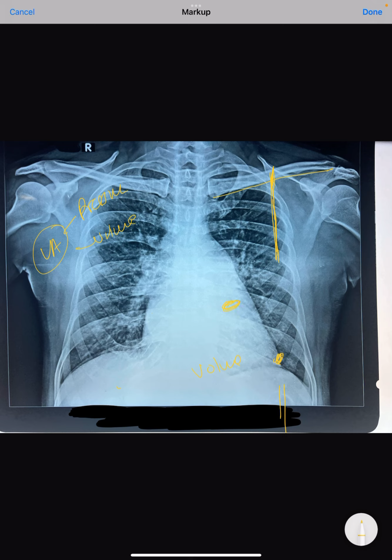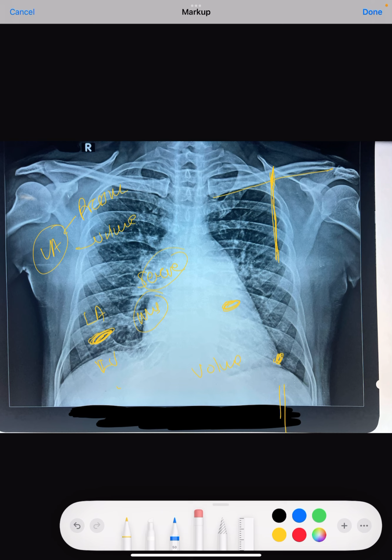So it's very simple. The left atrium and left ventricle are connected through the mitral valve. So there is only one possibility, and that is severe MS, because mild to moderate MS will not cause this much pressure overload. So this particular patient had severe mitral stenosis.